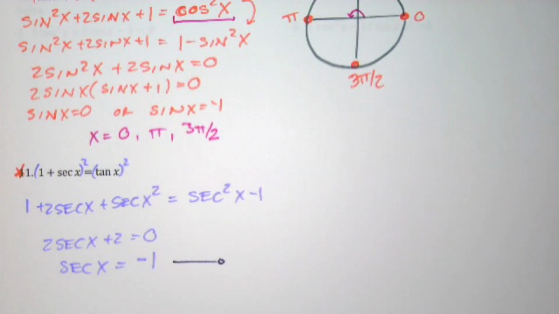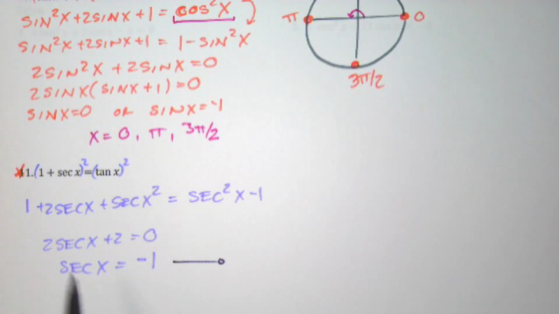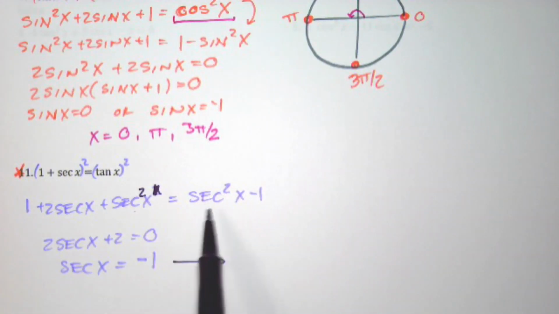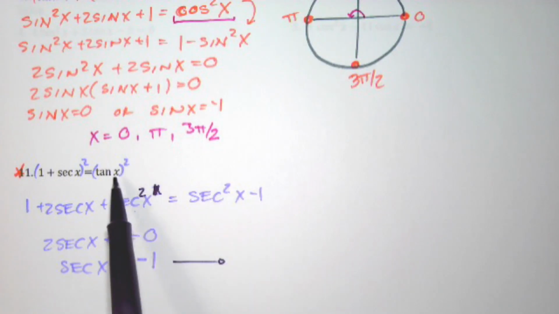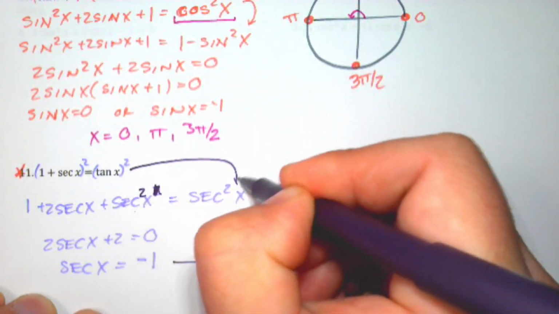So coming up to wrap up number 11, I have most of it worked out. Again, leaving it off, we wanted to square both sides. When we do that, we get 1 plus 2 secant x plus secant squared x, and that's equal to secant squared x minus 1. What I'm doing here is I squared that tangent.